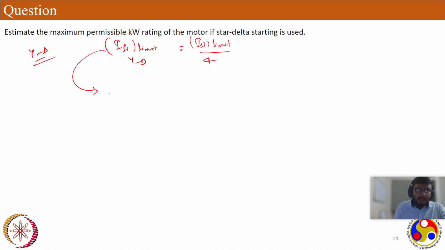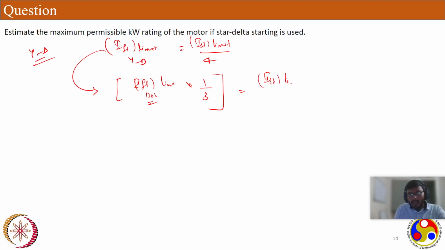Now my IFL limit in star delta will be IFL limit multiplied by 1 by 3. With the DOL, if there is no starting method, then I starting limit will be the full load current which actually flows in the motor.